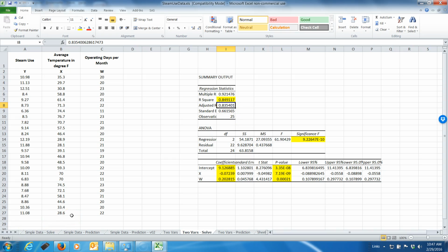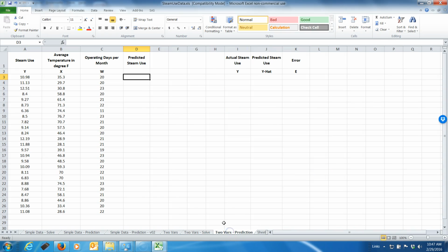Now let's just finish the exercise up by predicting the amount of steam that we're going to use in the factory.